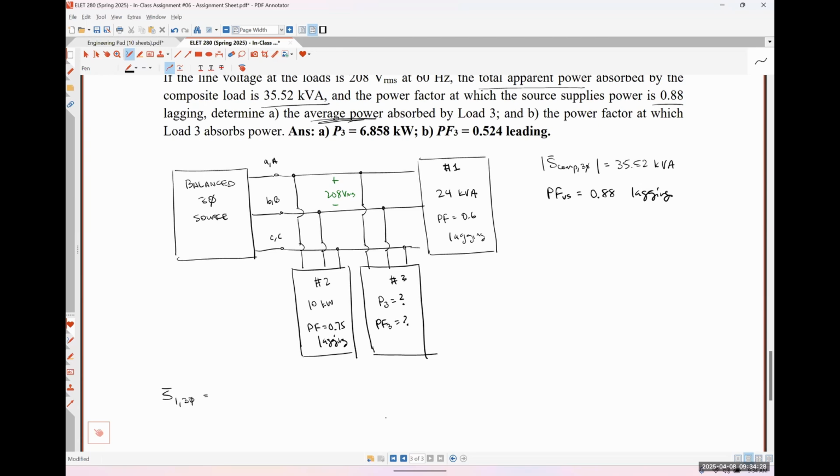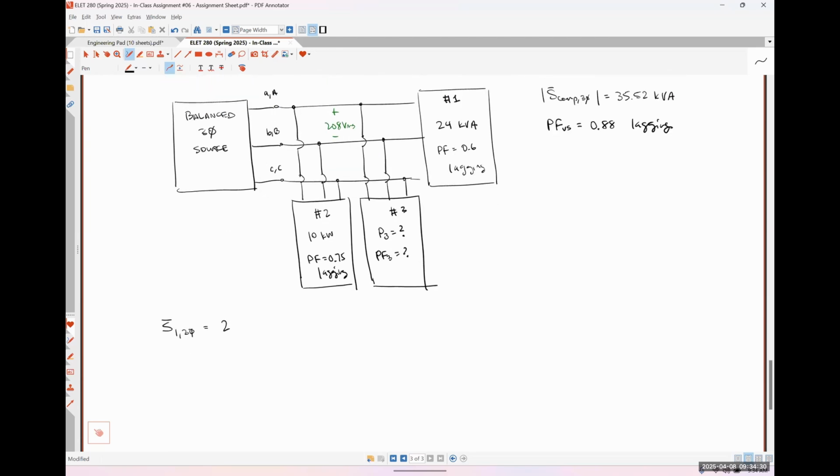Exactly right. Thank you. So 24 angle inverse cosine of 0.6. And I get 24 angle 53.130 degrees kilovolt ampere, and I'm storing that as X.